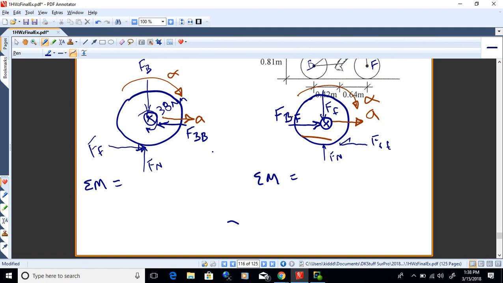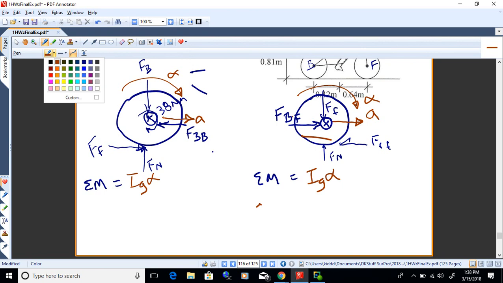Now we're going to have to do one other little trick on this, but we'll get to that. Let's just do those moment equations next. Now remember, those forces of friction are not equal to each other. They're different.